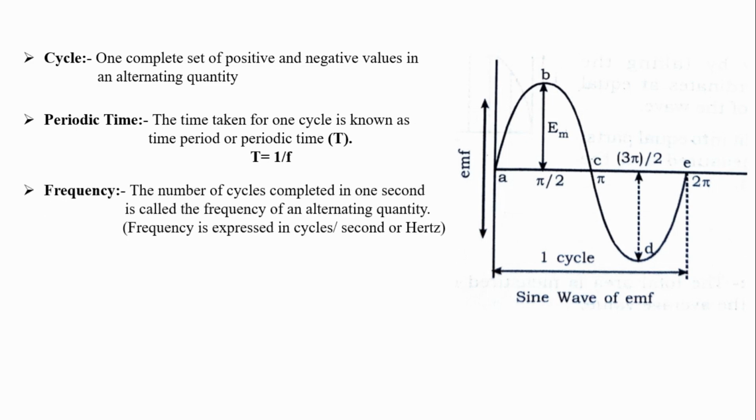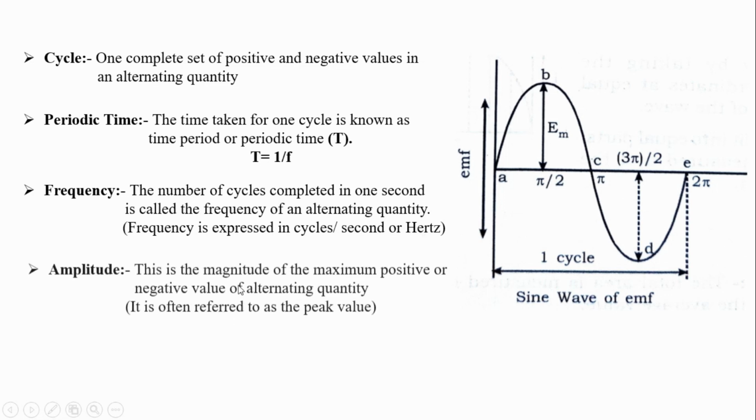Frequency is nothing but the number of cycles completed in 1 second. That is cycles per second or hertz. We can express frequency in cycles per second or in hertz.